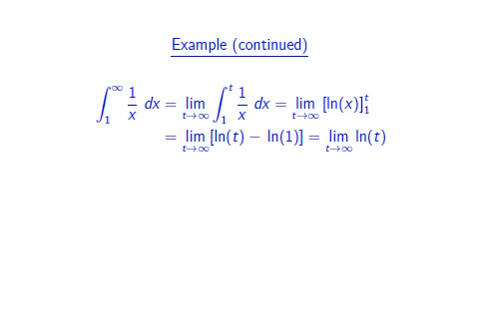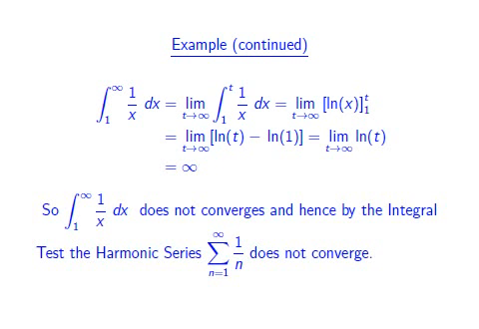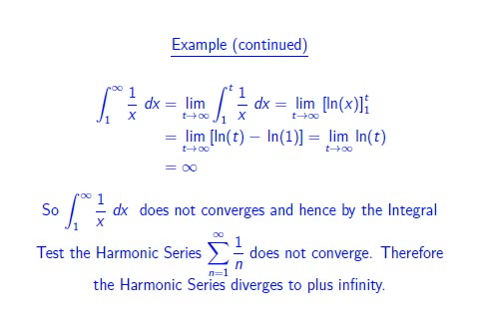But as t goes to infinity, so does ln of t. This shows that our integral does not converge, and so by the integral test the harmonic series does not converge. But in a case of non-convergence, the integral test indicates divergence to plus infinity. In particular, we now know that the harmonic series diverges to plus infinity.